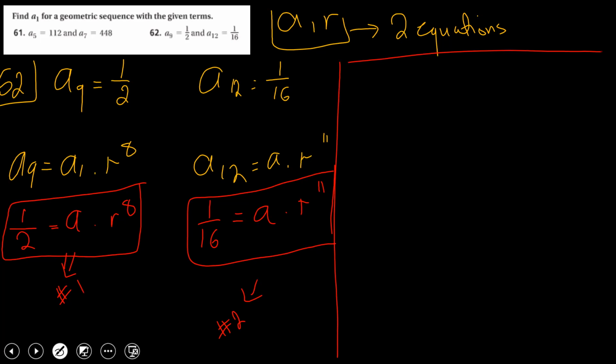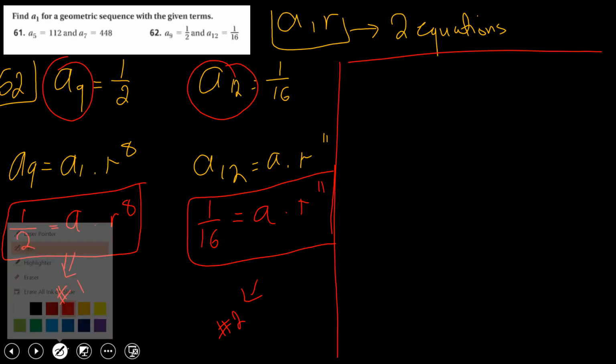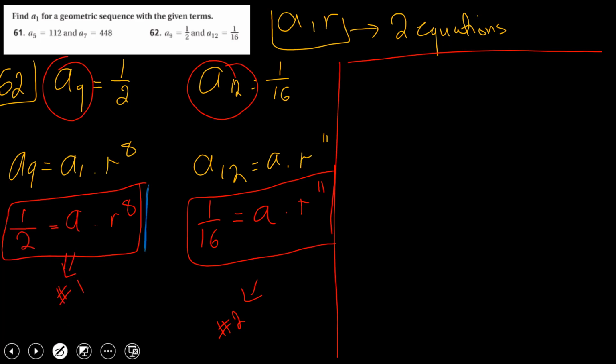From where do I bring these two equations? From a sub 9, I can find the first equation, and from a sub 12, I can find the second equation. As you see here, we have equation 1 and equation 2.